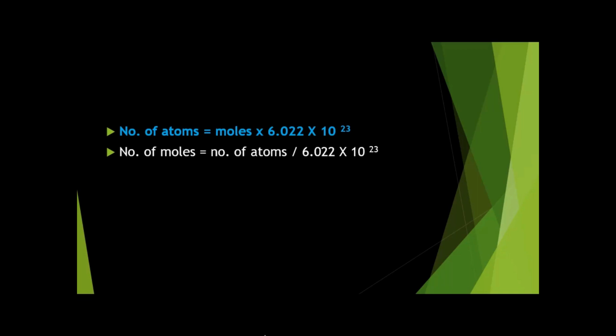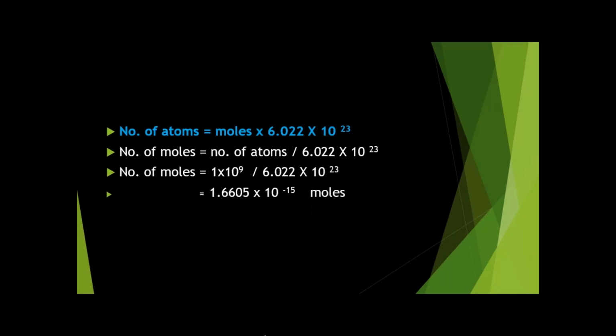Number of moles is equal to number of atoms divided by 6.022 × 10^23. Now put the values. How many atoms do we have? We have 1 × 10^9 divided by 6.022 × 10^23. So we get the answer 1.6605 × 10^-15 moles of magnesium.